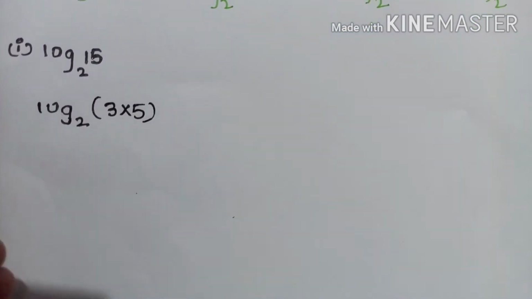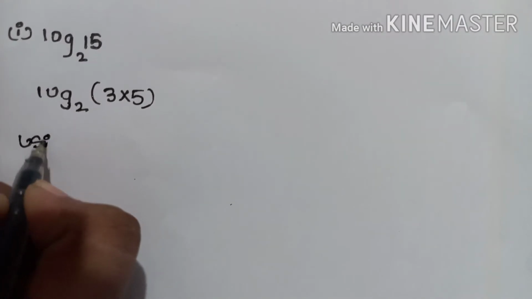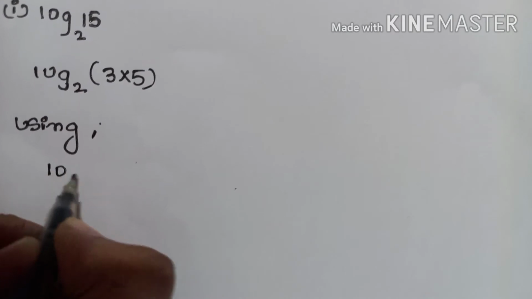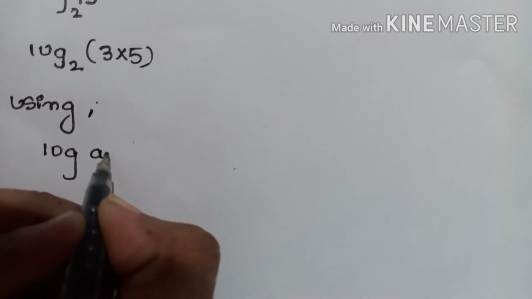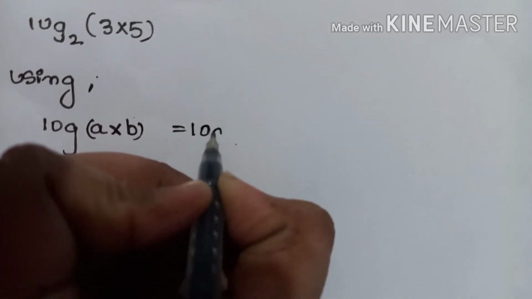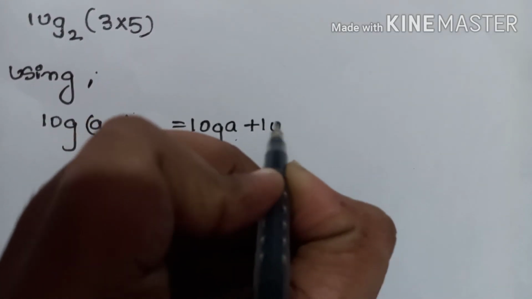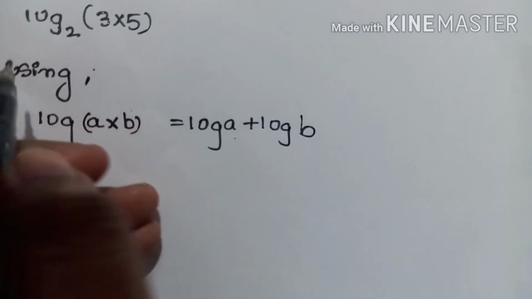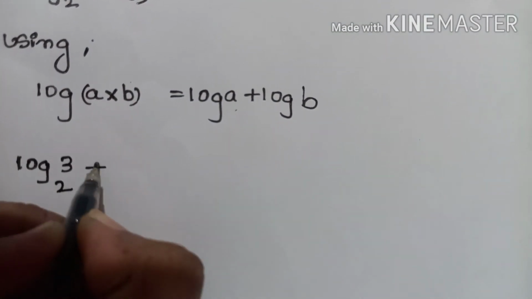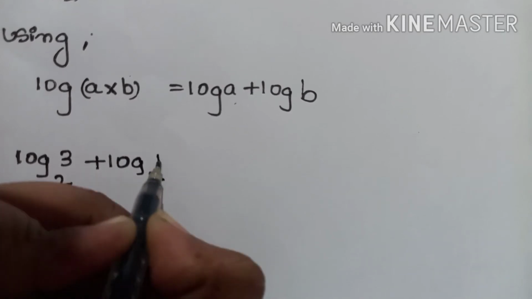Using the property, log a into b is log a plus log b, this can be split into log 3 to the base 2 and log 5 to the base 2.